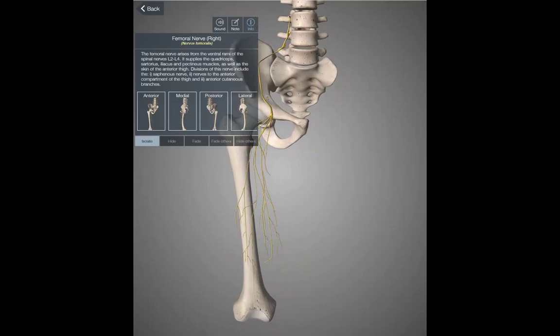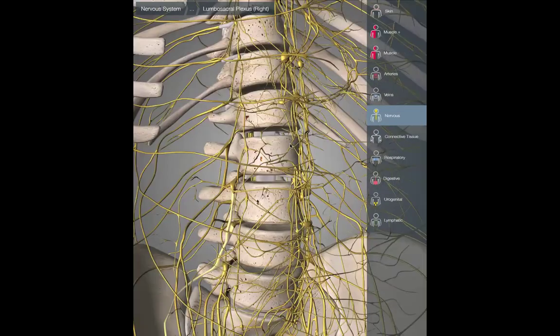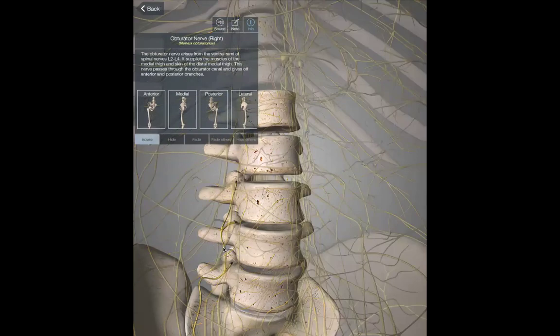And finally, we have the obturator nerve. Let me see if I can find the obturator nerve. Where's the obturator nerve? From L2, L3, and L4. That's the femoral. That's the obturator nerve.